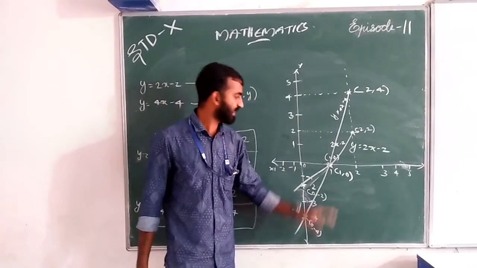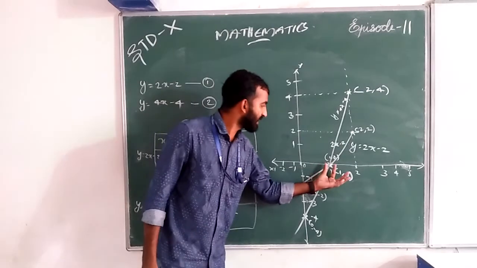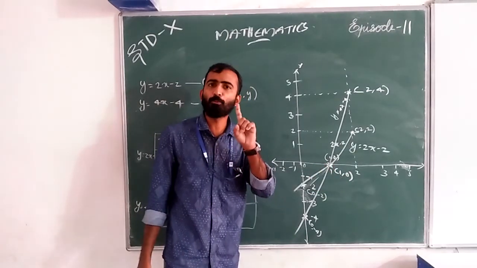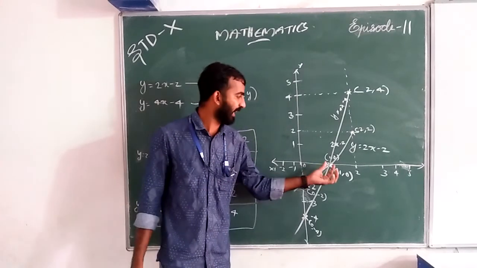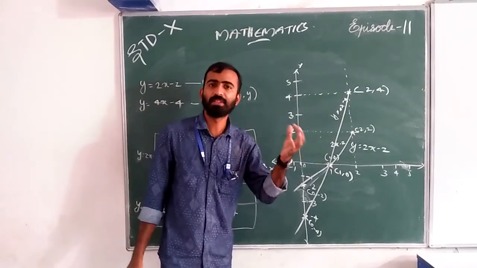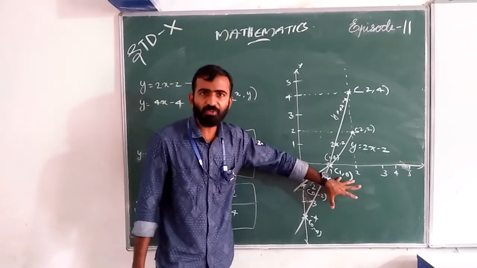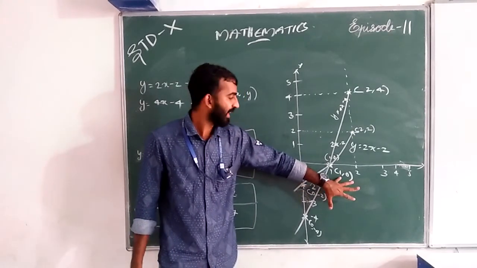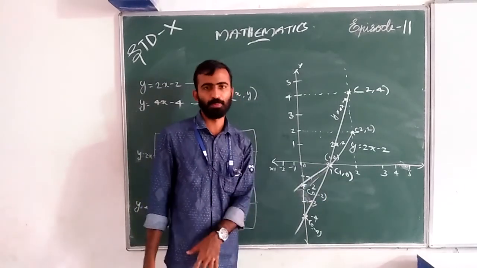When there is an intersection, that is the solution, and these graphs have exactly one solution. Here the x coordinate is 1 and the y coordinate is 0.